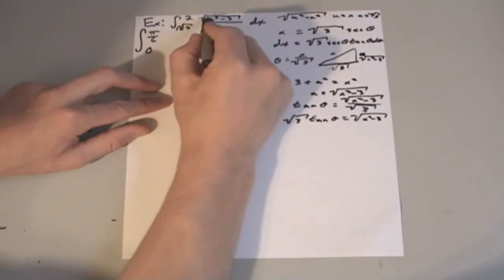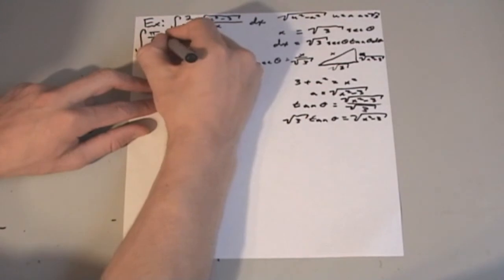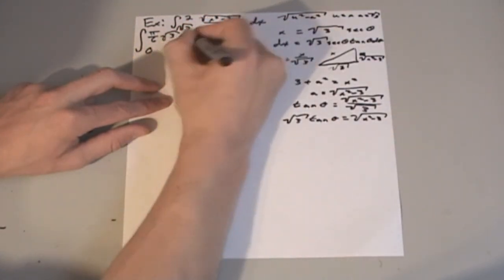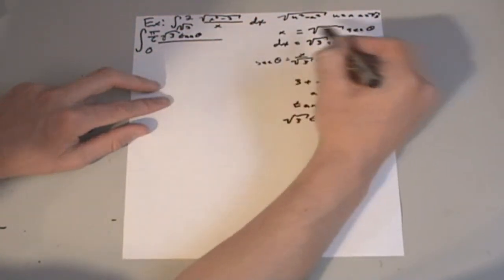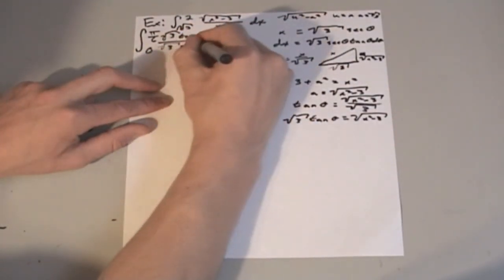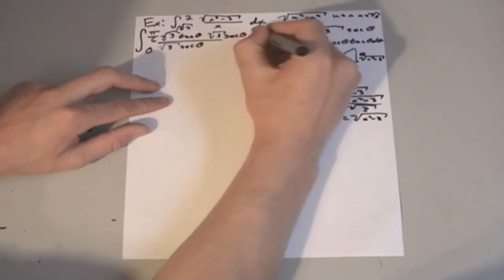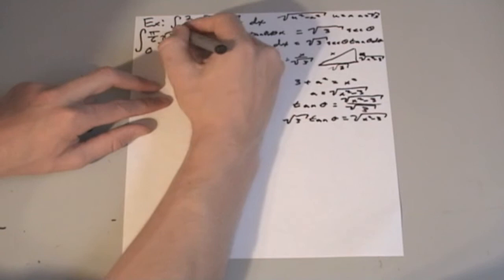Okay? Now, to replace the square root of x squared minus 3, we have right here square root of 3 tangent theta, x replaced with the first one we got, square root of 3 secant theta, dx replaced with square root of 3 secant theta tan theta d theta.